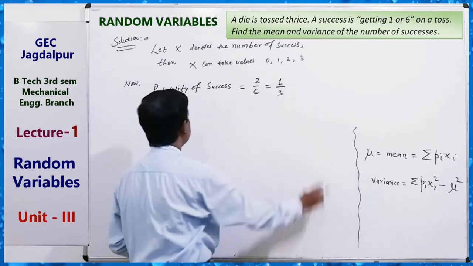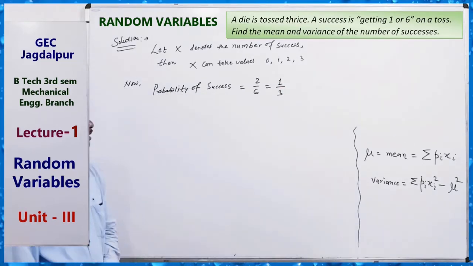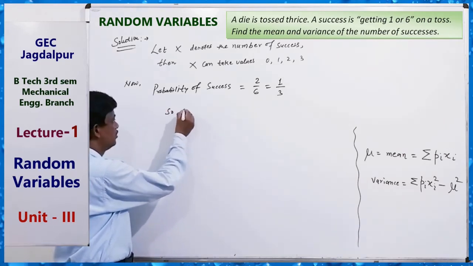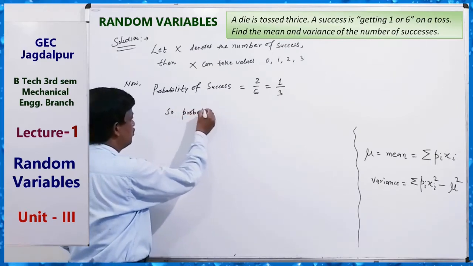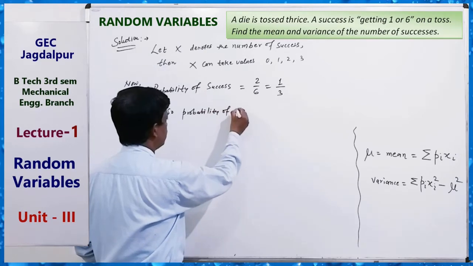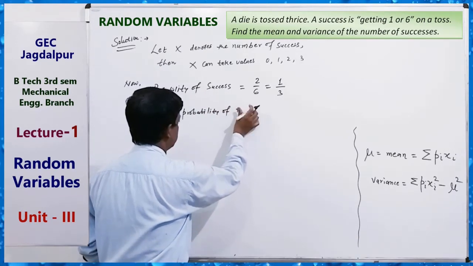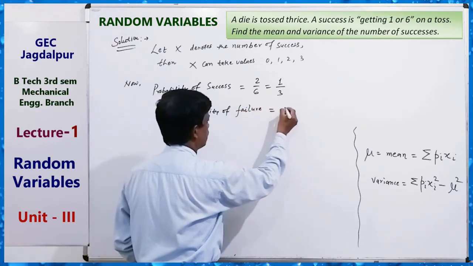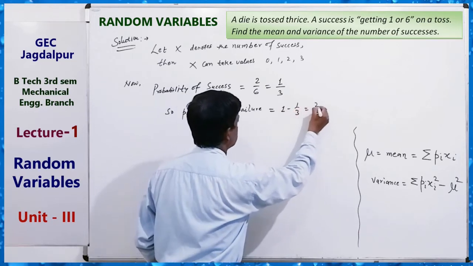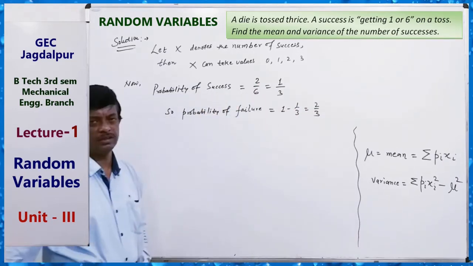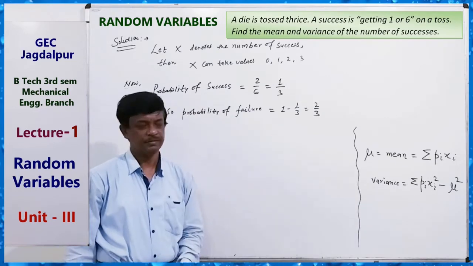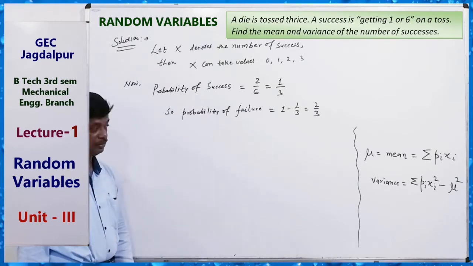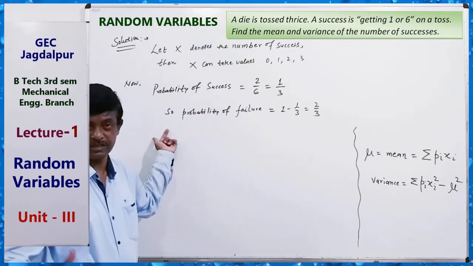The probability of failure is 1 minus 1 by 3, which equals 2 by 3. Success 1 by 3, failure 2 by 3. Clear? Now we may get 0 successes, 1 success, 2 successes, or 3 successes.